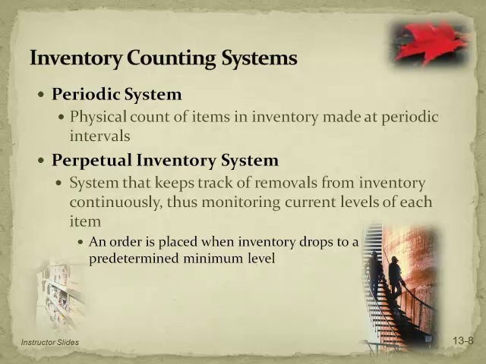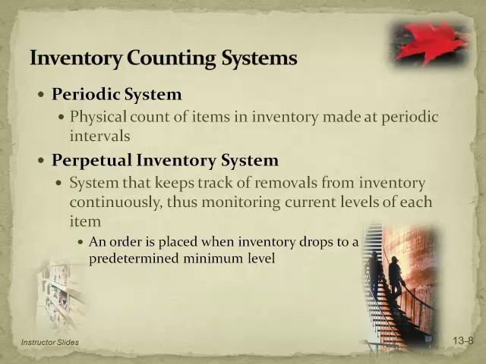So counting is very error prone. The periodic system may help in some cases, but in other cases it introduces error that was not there to begin with. The more common way is with a perpetual inventory system.